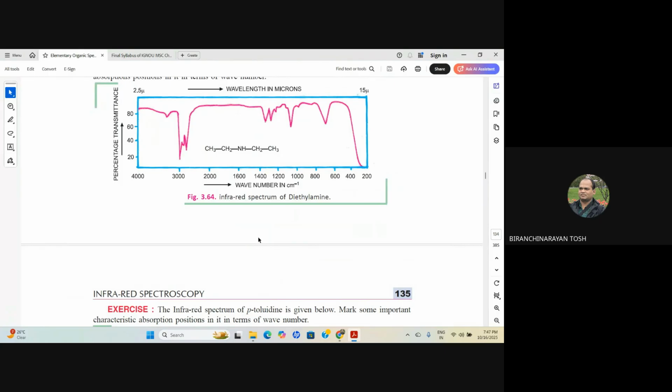But if there is an enantiomer, the peaks will overlap, and we cannot detect whether it is D or L. For that, you have to go for optical rotatory power measurement. And the more appropriate technique is NMR; from NMR you will get that.